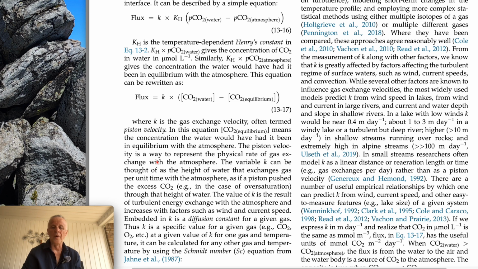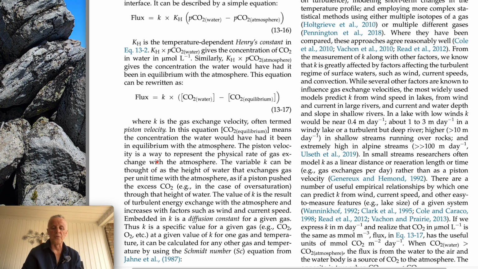In a lake with low winds, K would be near 0.4 meters per day, about 1 to 3 meters per day in a windy lake or turbulent but deep river, higher, greater than 10 meters per day, in shallow streams running over rocks, and extremely high in alpine streams, much greater than 100 meters per day.